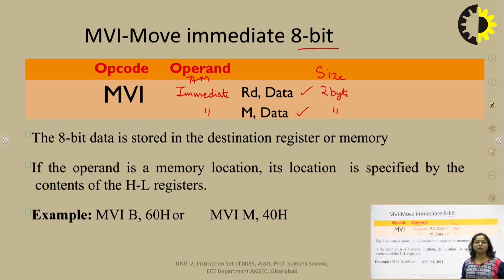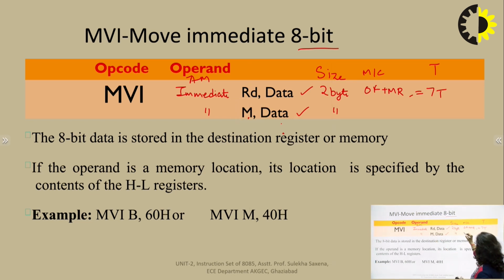Now we are talking about machine cycle. As the immediate data has to be read, there is a memory read and opcode fetch. So opcode fetch plus memory read, that is 4 plus 3, 7 T states. In the second, data is read, so memory read, then this data has to be written to memory location, so one memory write also.